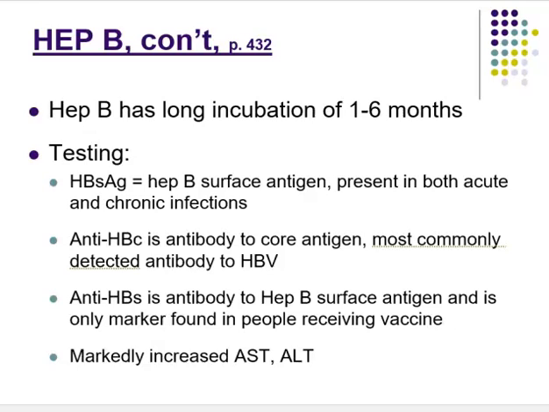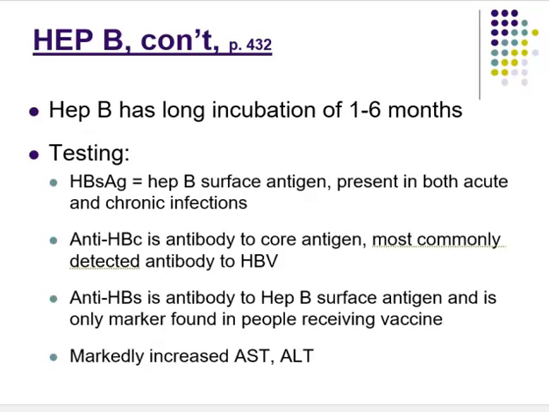The antibody to the core antigen is the most commonly detected antibody in a person who has or has had the hepatitis B virus. But the antibody to the hepatitis B surface antigen is the only marker found in people who have received the vaccine. Okay?